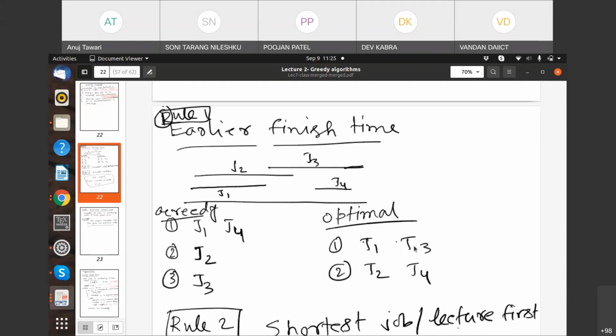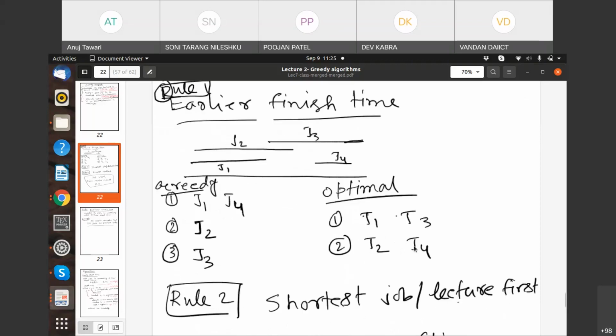It's sort of counterintuitive, but we want to show how this early start time strategy works. Why does it work, first of all? Any ideas? Why should early start time work?